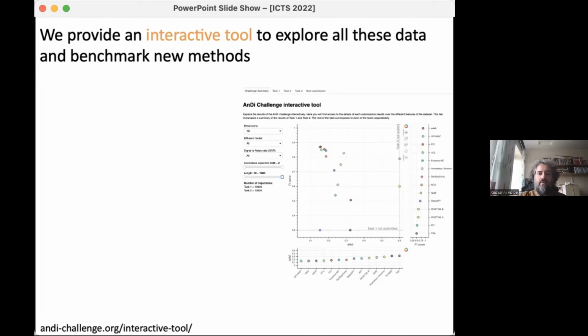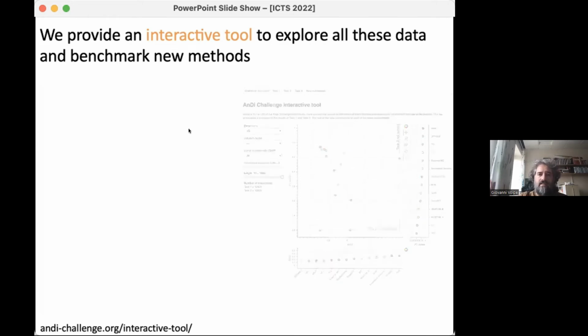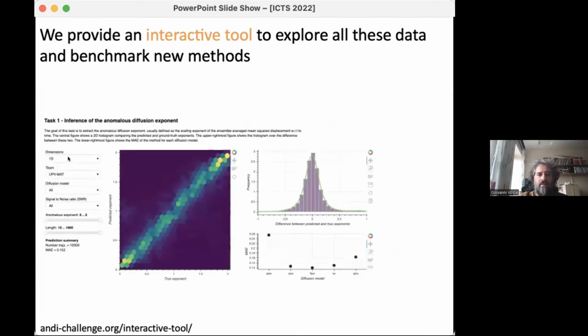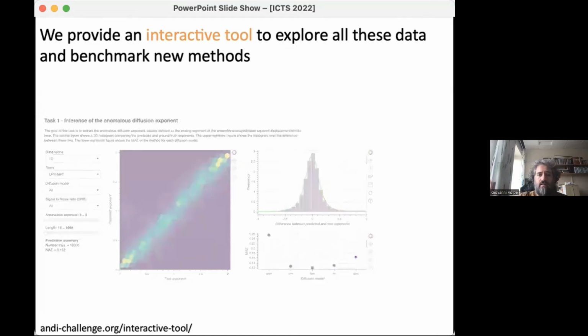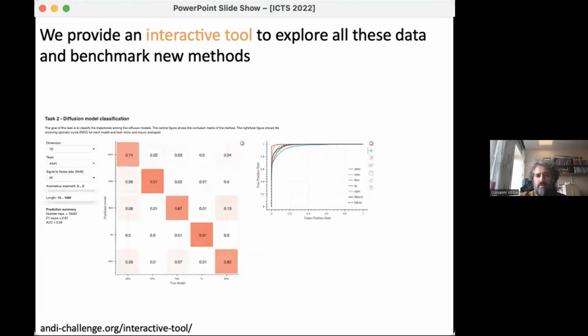And you can, for example, well, you see, this is how it looks like. You have different tasks. Then you can select task 1, for example, and here you can select, for example, the dimension of the trajectory you want to analyze, the team you want to see, the length of the trajectory, the noise level, and you can see for different conditions which teams perform best, how they performed, and so on. You can do this for task 1, task 2, and task 3, obviously.